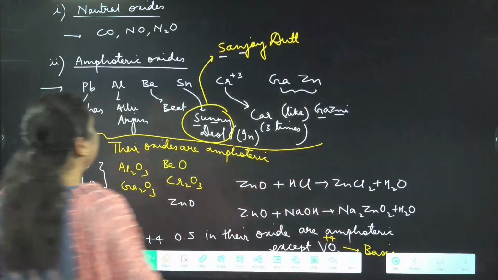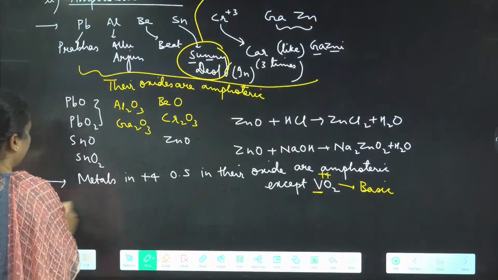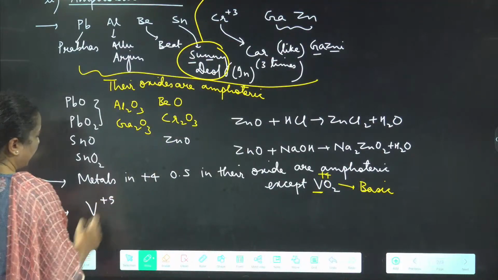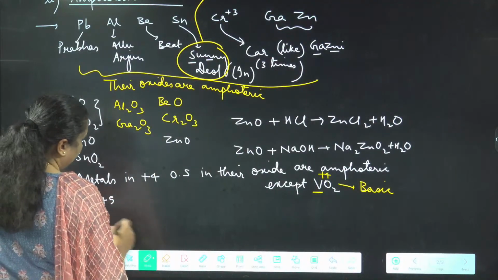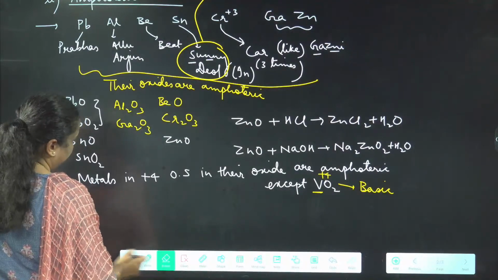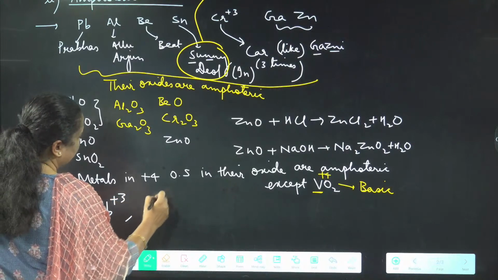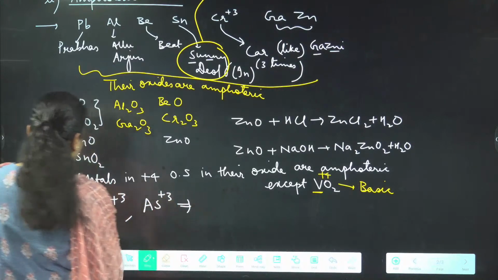Achha, one more thing you can include here. I think I have written here. Okay. You can remember vanadium plus 5. Okay. And you are having basically here Sb plus 3, As plus 3. Here also you can write down their oxides.